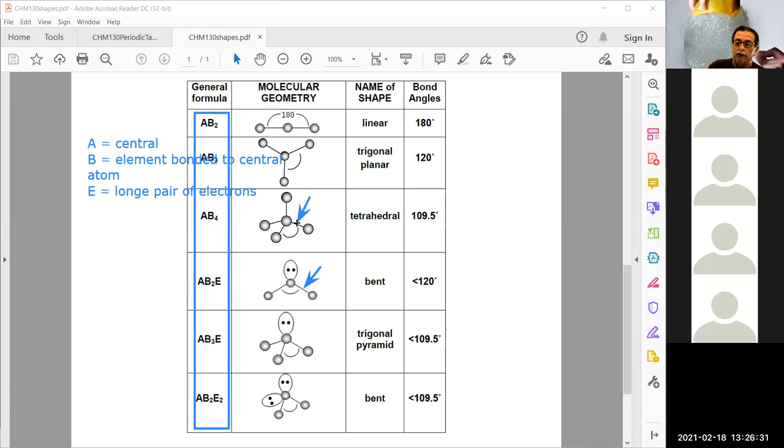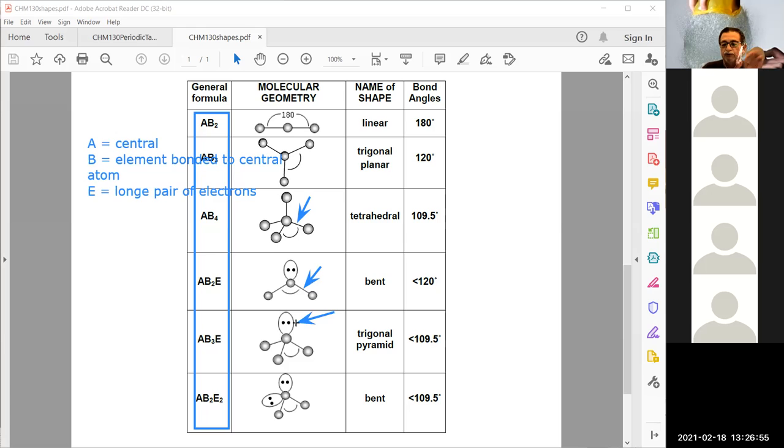And we're going to have two types of electrons. We're going to have the type that is called bonded, like those two arrows, and then lone. Let me correct that, I typed in the wrong word. Lone is the word. Then we're going to have a pair that are not bonded.